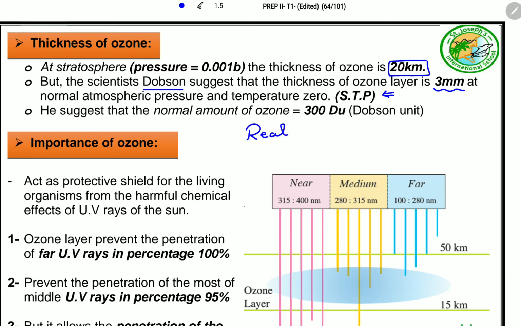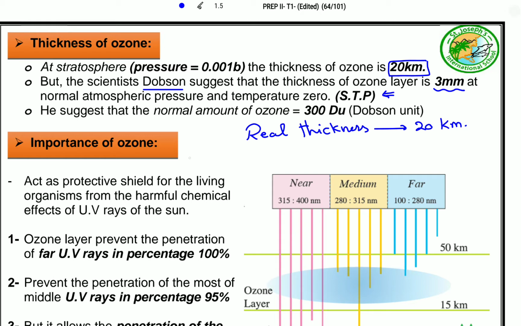The real thickness is 20 kilometers under some conditions of atmospheric pressure and temperature at this area.